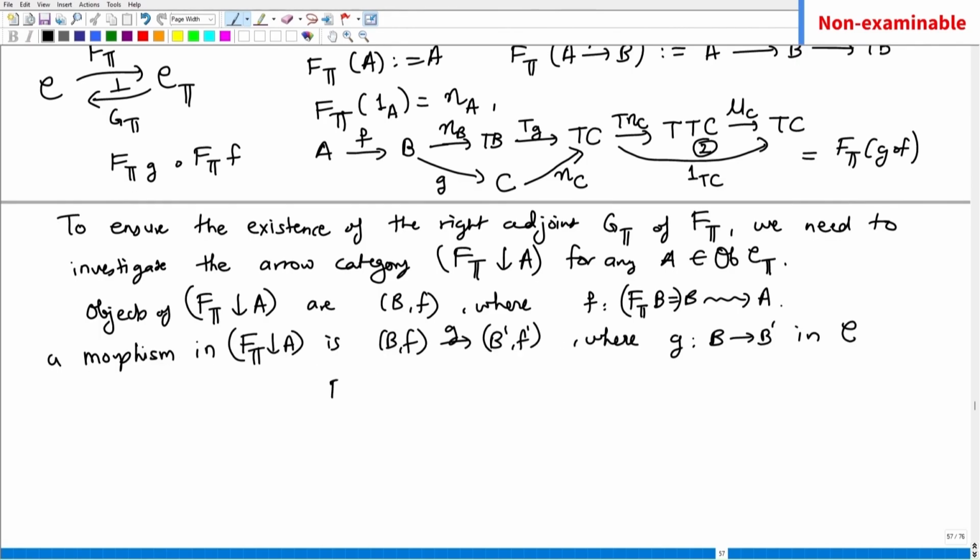So now FT of B to FT of B prime, and here we should have FT of G, which should be a wiggly morphism, and this is also F, and this is A, and this is F prime, a wiggly morphism.